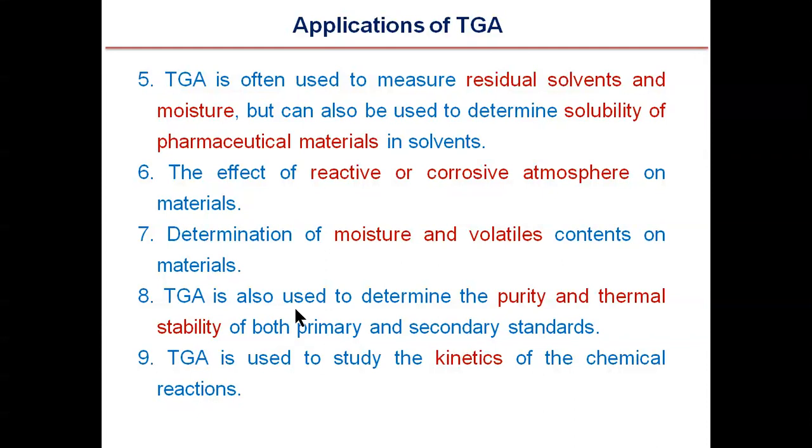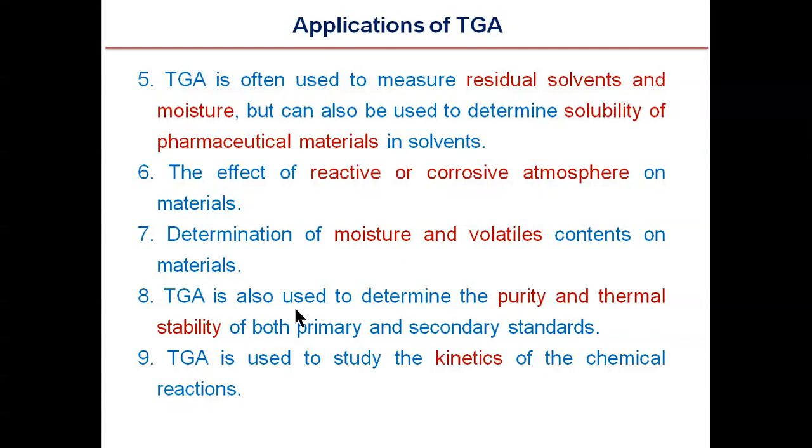The sixth one, the effect of reactive or corrosive atmosphere on materials can be monitored by using TGA. Determination of moisture and volatile contents on materials can be carried out using thermogravimetric analysis.